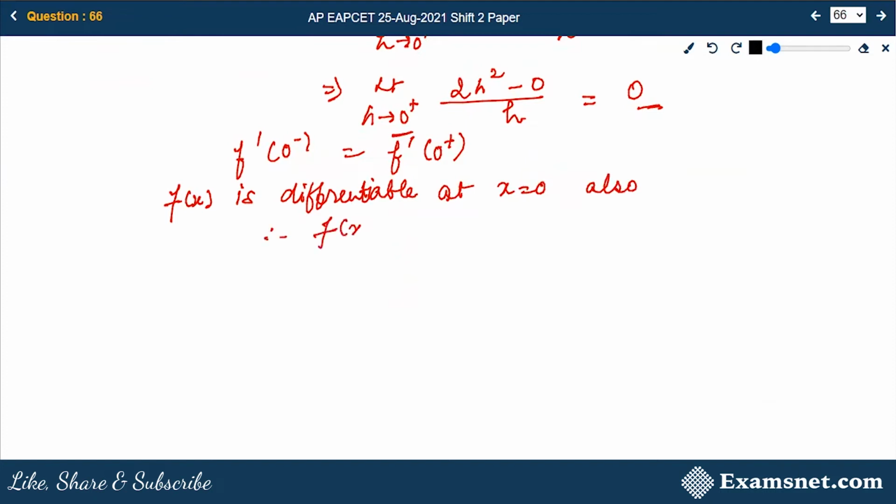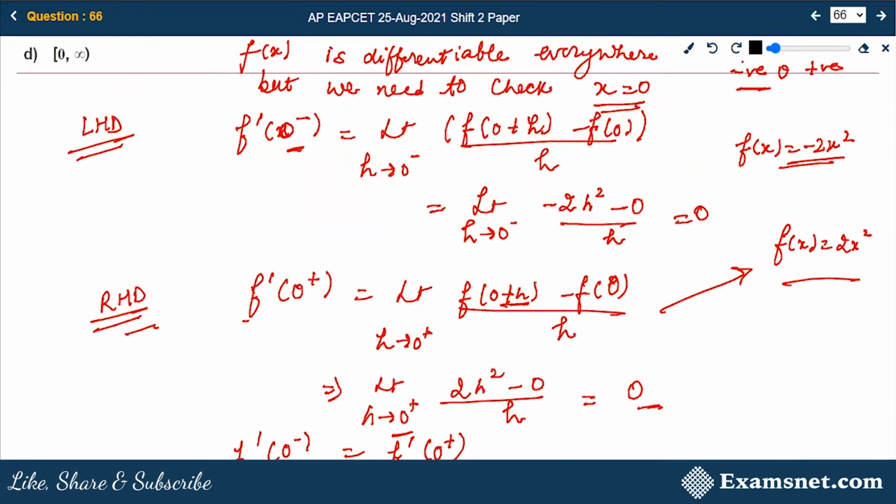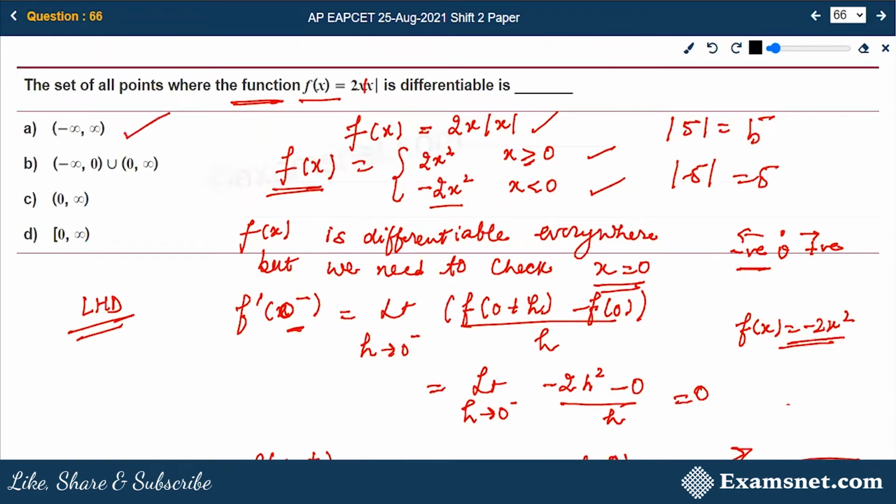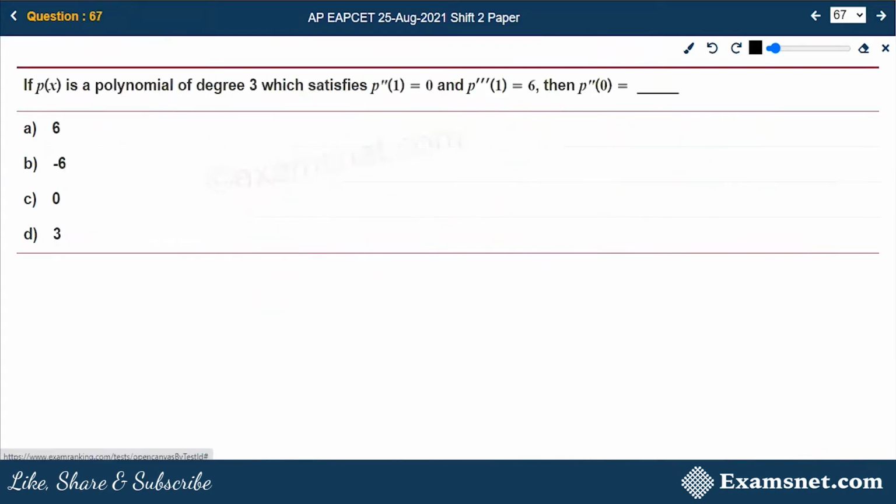Therefore, this function is differentiable at every point, from minus infinity to infinity. That means it is differentiable for each and every point. So what is the correct option? A.